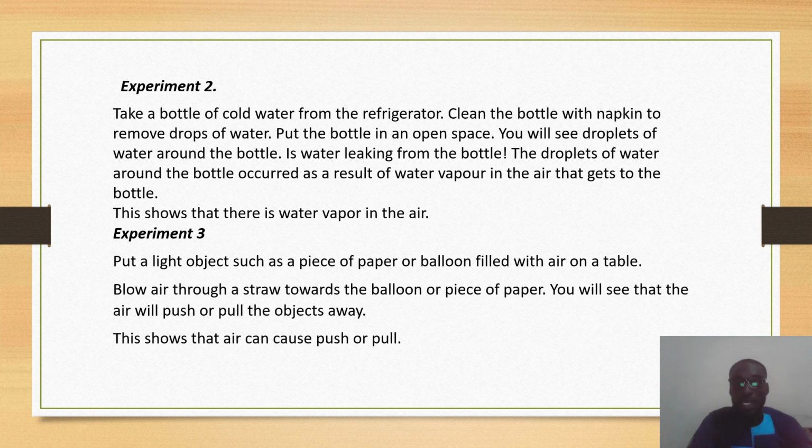You will see droplets of water around the bottle. So you ask yourself, is water leaking from the bottle? No, water is not leaking from the bottle. The droplets of water around the bottle occurred as a result of water vapor in the air that gets to the bottle. This shows that there is water vapor in air.